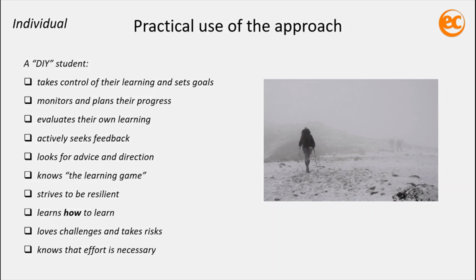So a DIY student knows that effort is necessary. Similarly to resilience, I think we can easily go down the route of maybe blaming students for not doing this and this in order to progress. But really, we need to be discussing how our students are going to be achieving their goals.